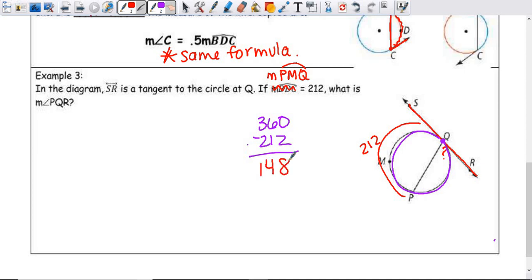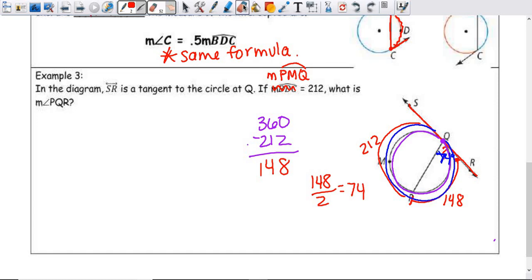So then I know the rest of this arc right here is 148. And then 148 divided by 2 is 74. So then this angle right here is 74 degrees that we were trying to find, okay? Only because tangents intersect at one point, you actually have all 360 degrees right here up until that point.